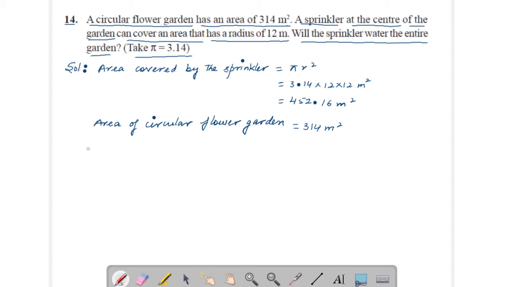The area of circular flower garden is smaller than the area covered by the sprinkler.